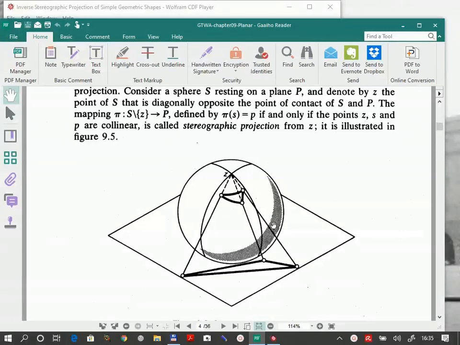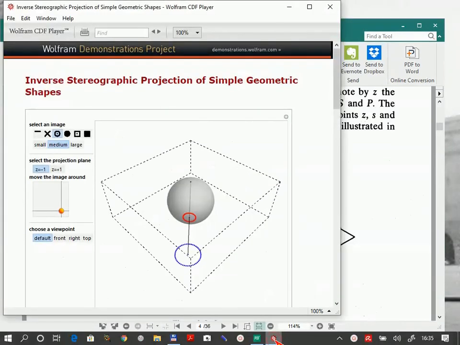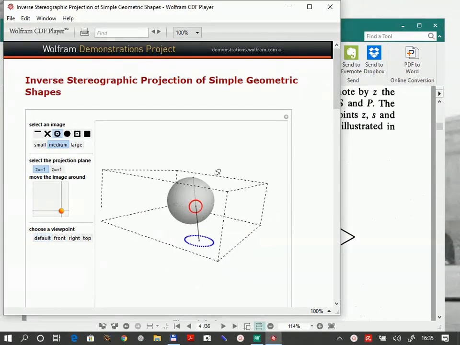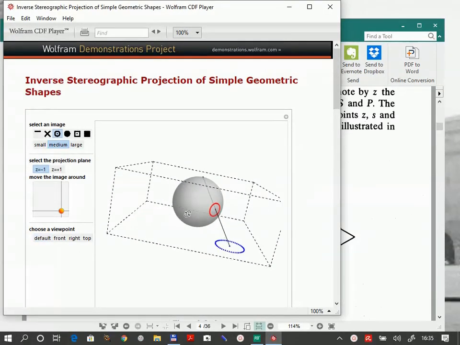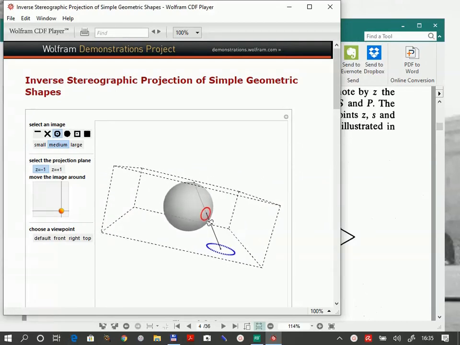Okay, and so if you take that point away, you have this complete correspondence. And also, I've never shown you the Wolfram demos because there are not quite a lot for our course, unfortunately, but you can see a bit how this projection works, okay, by seeing such things.